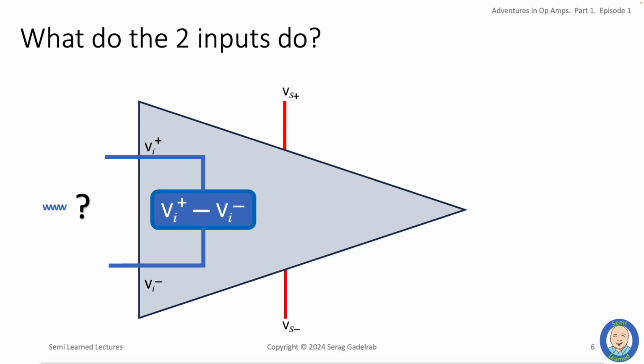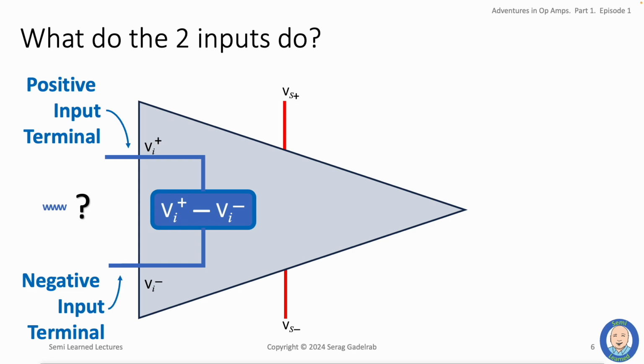When 2 signals are applied to the two input terminals of an op-amp, the first thing that the op-amp will do is to subtract the signal that appears on the negative input terminal from the signal that appears on the positive input terminal. And it is that difference between the two signals that is then amplified inside the op-amp.